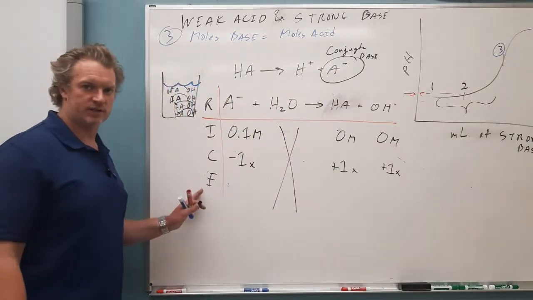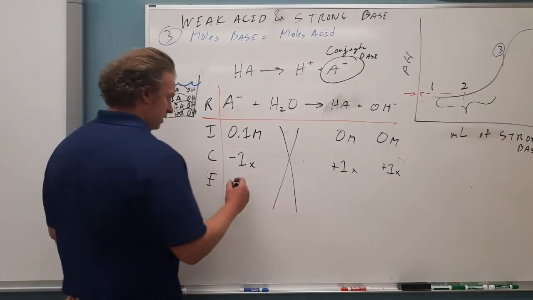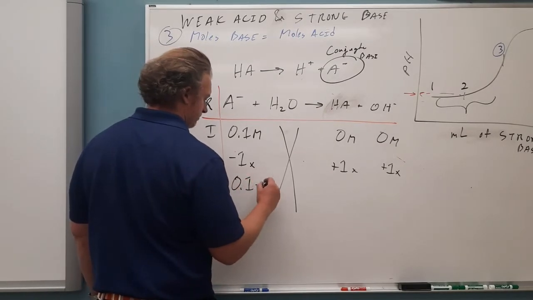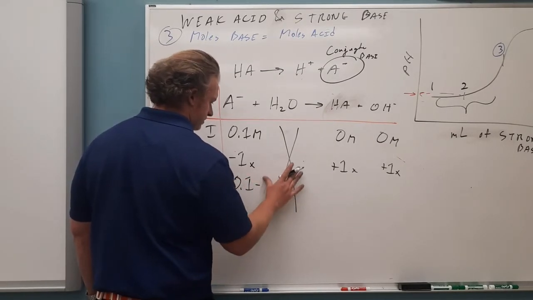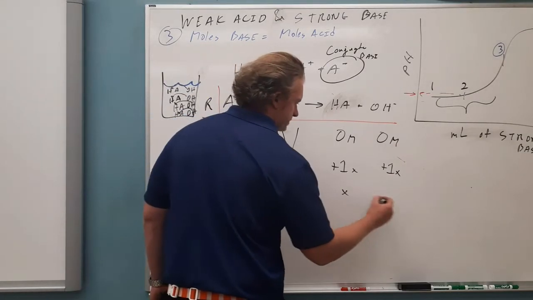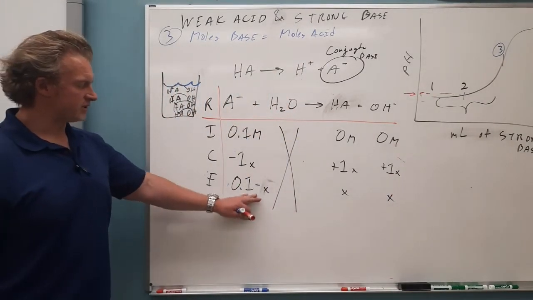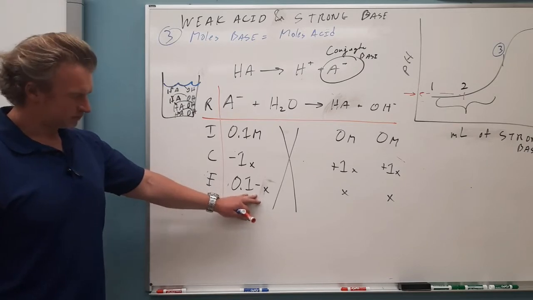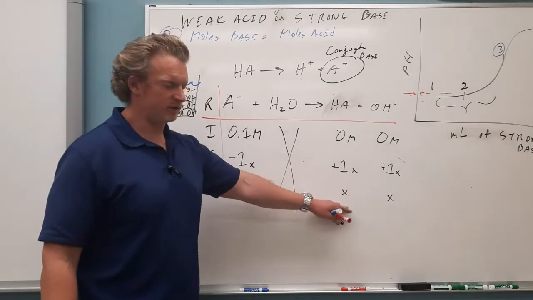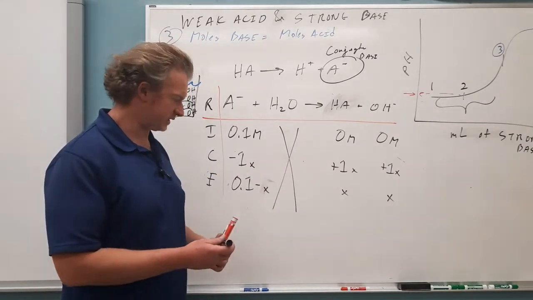So far, this Rice table feels very similar. 0.1 minus x, x, okay? This is our E line here. These go in the denominator. This goes in the products here, in the numerator, because products are always on top.